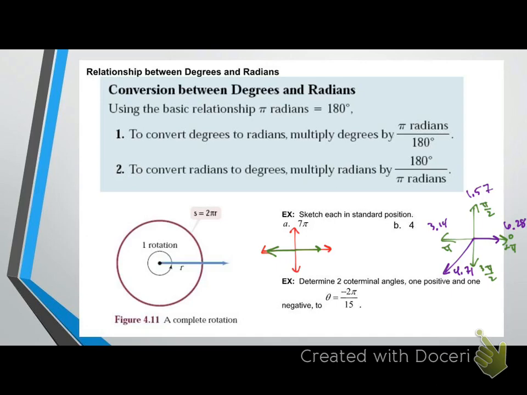And the last example down here, if we need 2 coterminal angles, one positive and one negative to the one that's given, well, remember that we want to add 2 pi, because we're going to go around in a circle in 2 pi. Okay? Now, to add that, I've got to make common denominators.